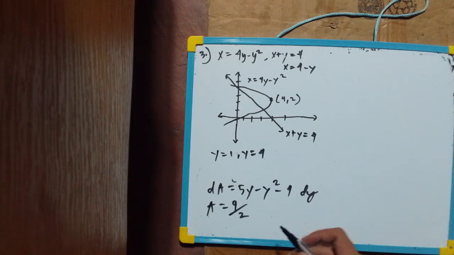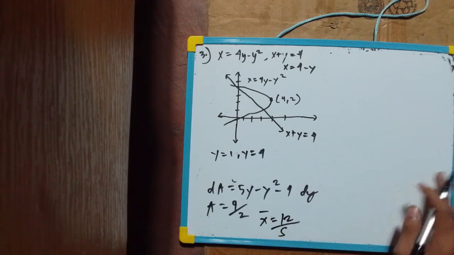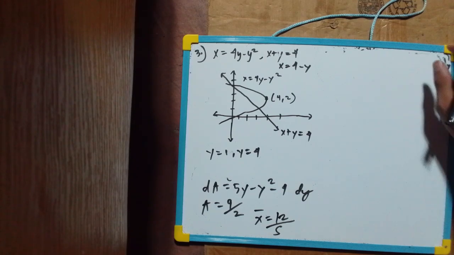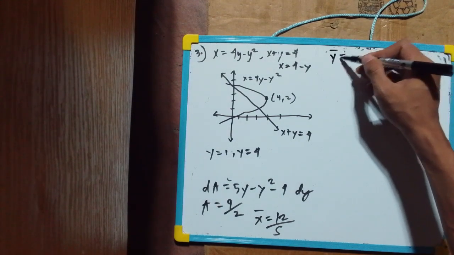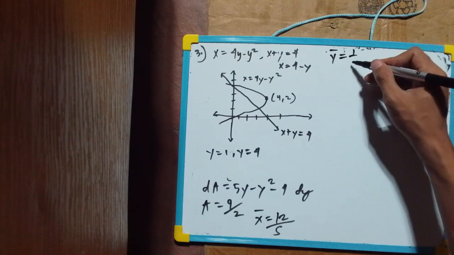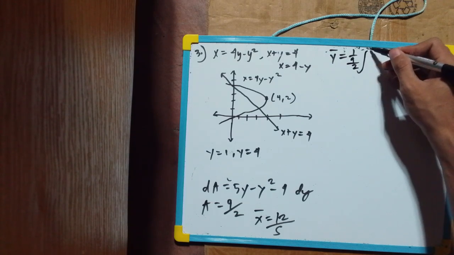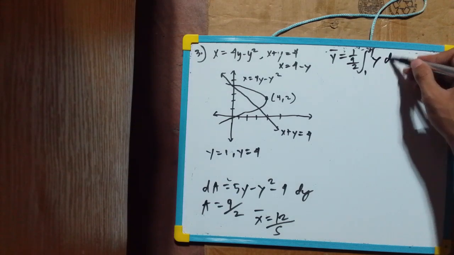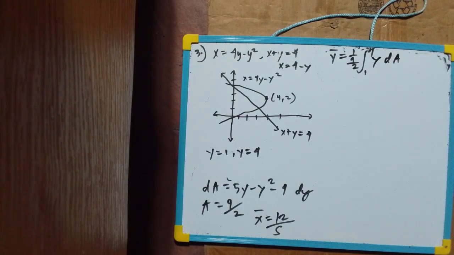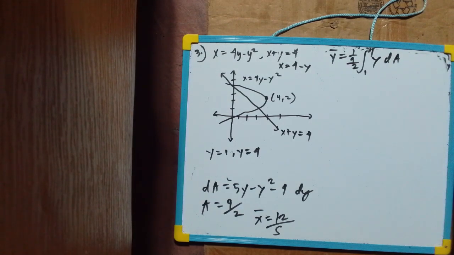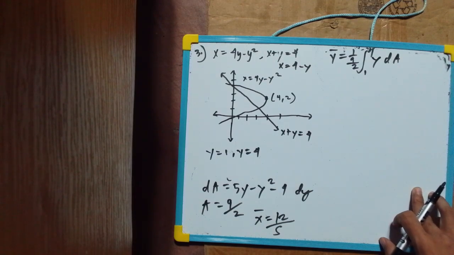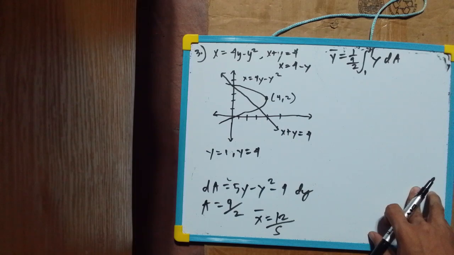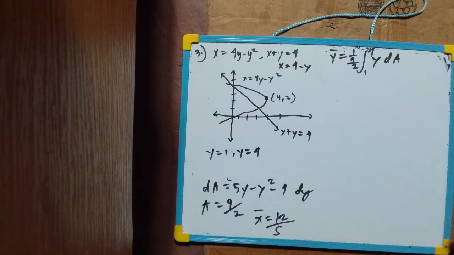So our x-min earlier is 12 over 5. So y-min is 1 over area, 9 over 2, integral of y dA. Since our given is those x values, ry is just y.